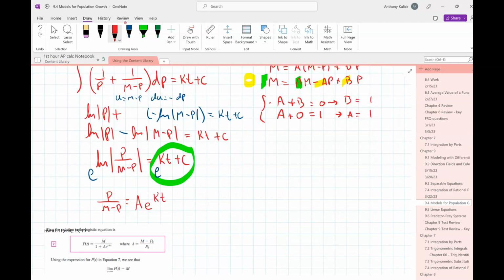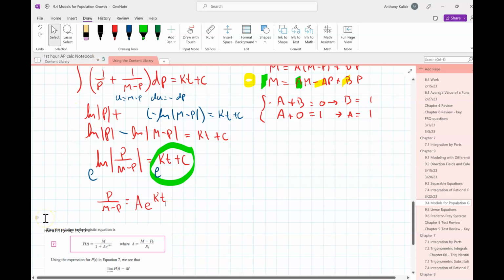And I'm going to drop the absolute value and create a plus or minus here, but that plus or minus is just going to get absorbed up into the a. So now what I want to do is separate this so I can get the p by itself.